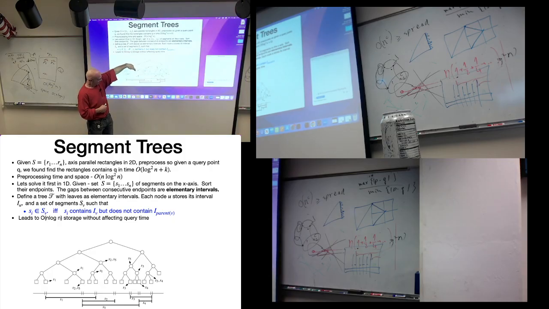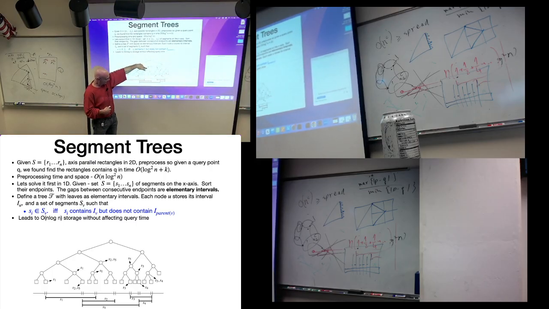But now I have a set of segments that are stored at a node. What's so important about this node with respect to these segments? The interval that this node corresponds to is contained in these segments. But I'd prefer that my parents do the hard job for me.